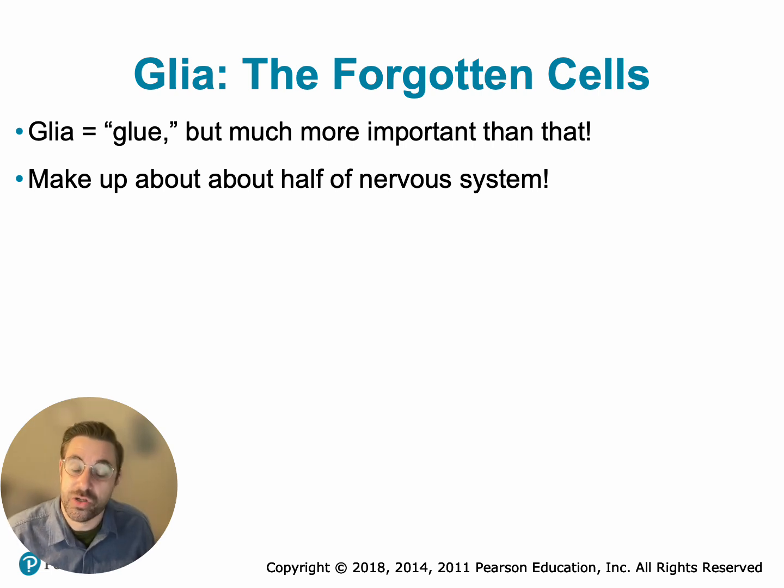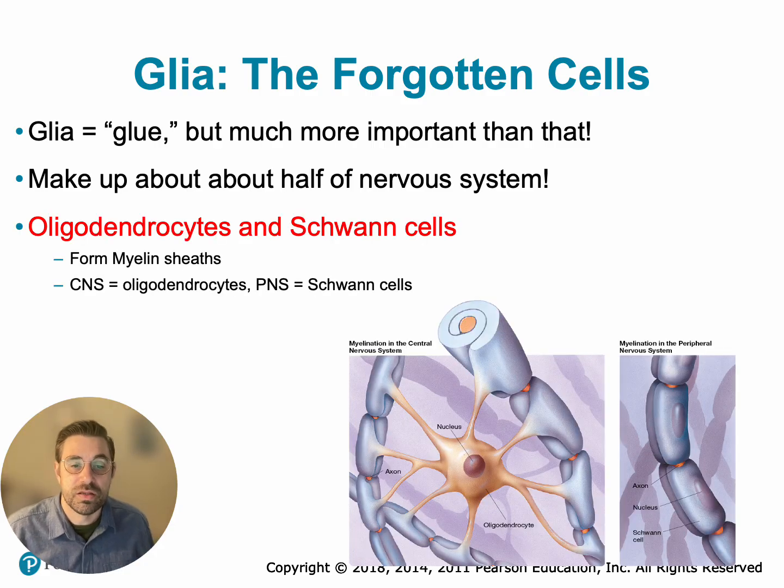Now, glia are not neurons. They don't have neurotransmitters, and they typically don't send signals, though there's an exception. Some of the functions they do have include forming myelin sheaths, that insulating protection that helps keep the signal strong along your axon. There are a couple of glia types, oligodendrocytes and Schwann cells, that actually form these myelin sheaths.